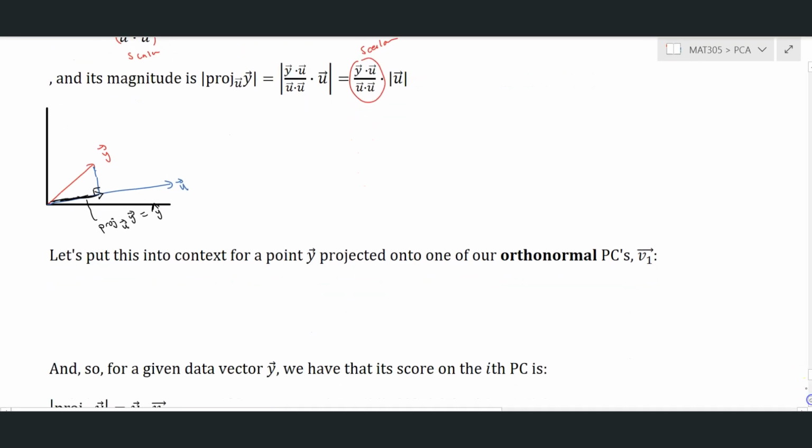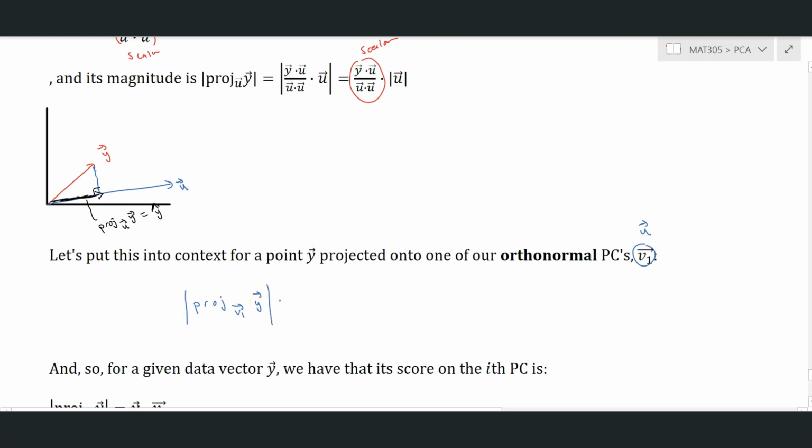Now let's put this into context of projecting a point y down onto one of our orthonormal PCs. So in our case, u is what we're actually going to be calling v1 here. Okay, so v1 is actually vector u in this diagram over here. And so mathematically, the projection of y down onto v1, its magnitude, because that's what we care about, right?